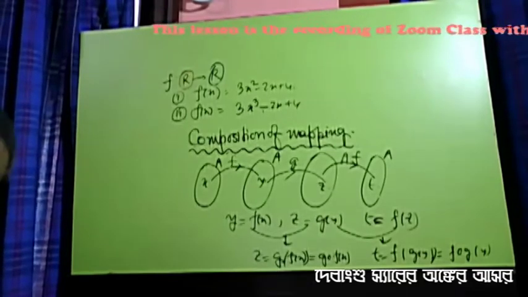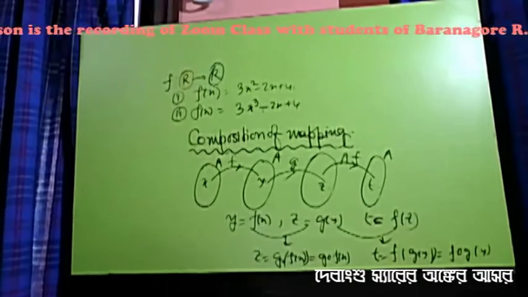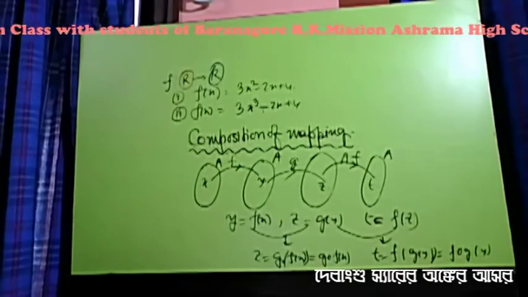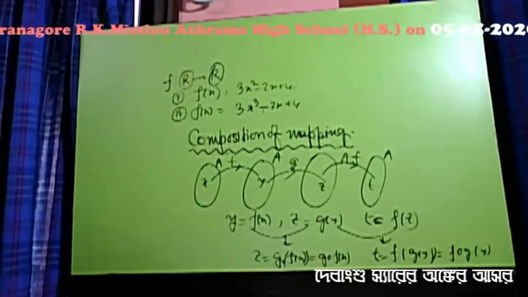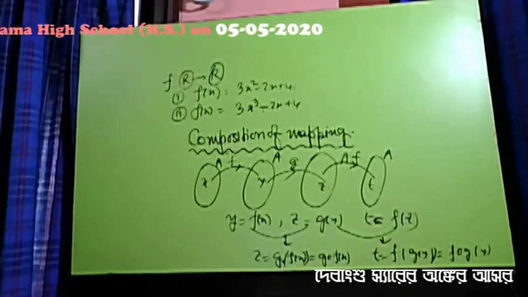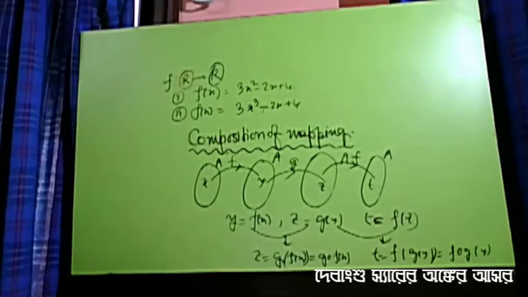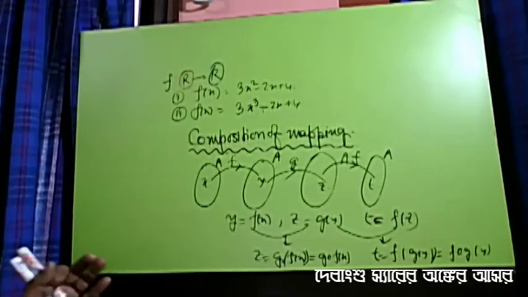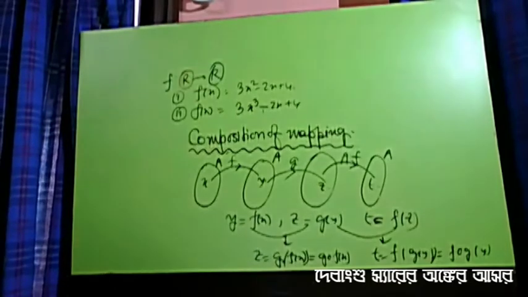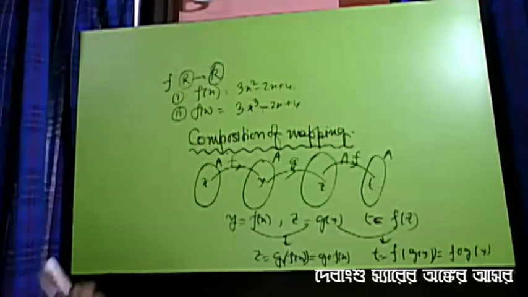Are they equal? Do they map the same element to the same element? Now we will check this with some examples, whether G compose F and F compose G are equal or not.